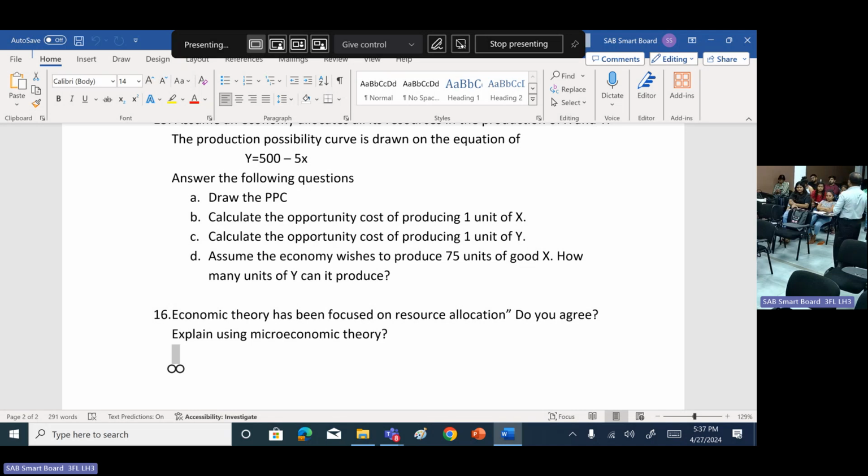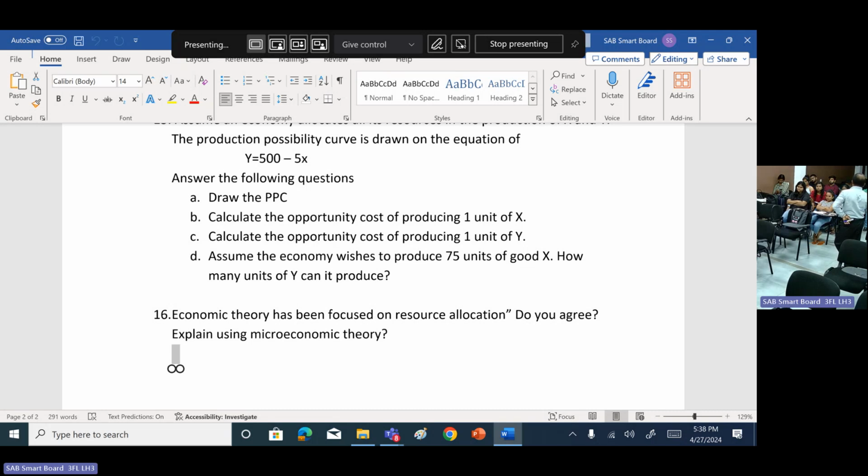Microeconomic theory basically talks about the optimal allocation of resources, how consumers and producers behave. We talk about these theories: consumer behavior, producer behavior, individual analysis.